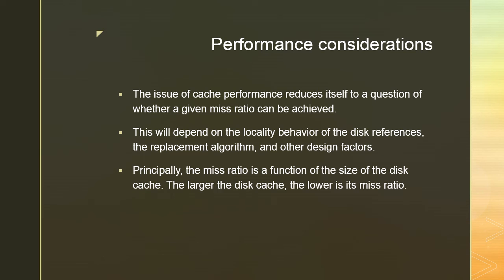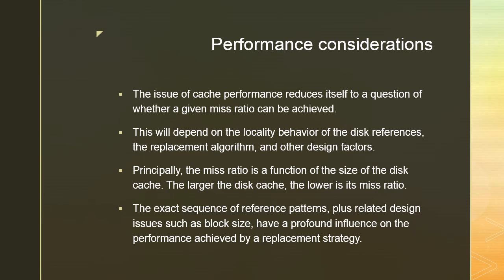Principally, the miss ratio is a function of the size of the disk cache. The larger the disk cache, the lower is its miss ratio. The exact sequence of reference patterns plus related design issues such as block size have a profound influence on the performance achieved by a replacement strategy.